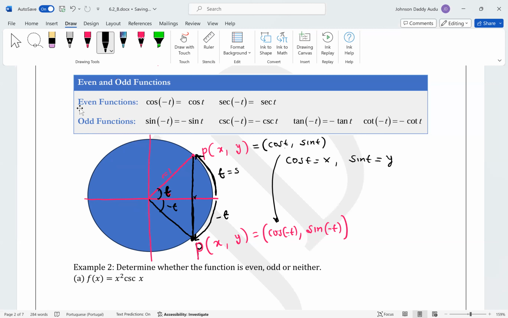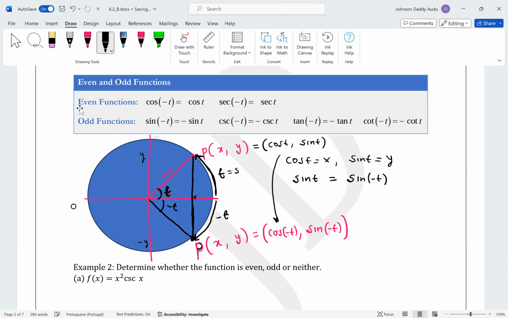But if you look at sine t, the y value, for example, if this is y here, this is going to be minus y. The y value changes. Can we say that sine of t is the same thing as sine of minus t?